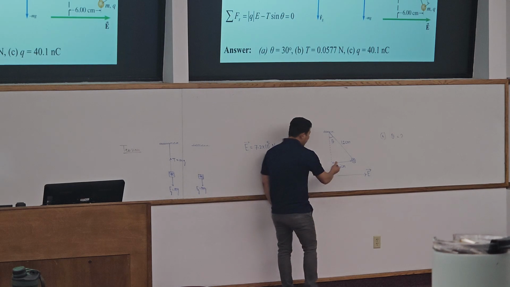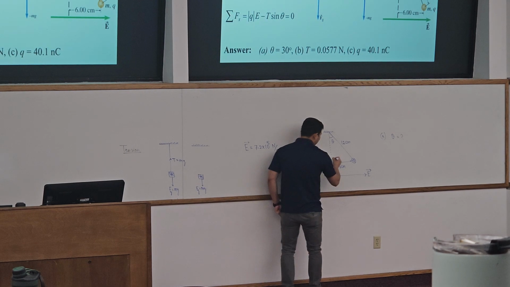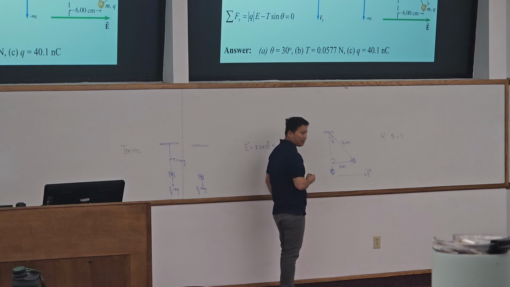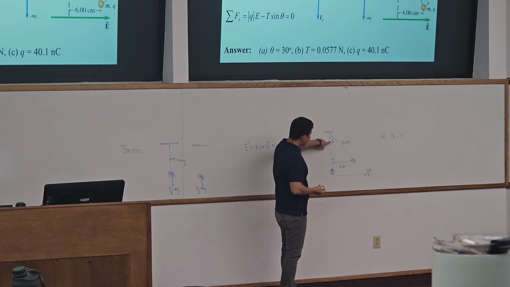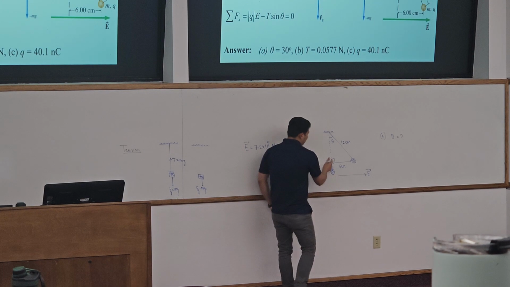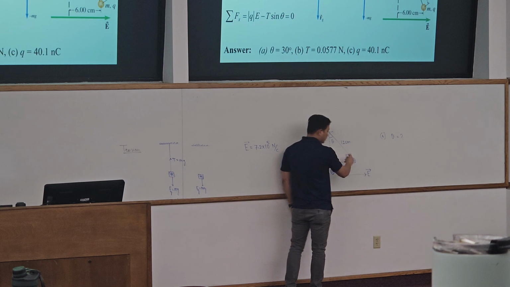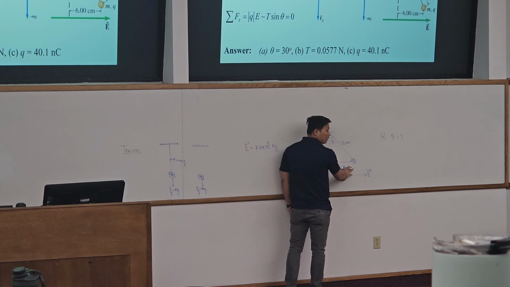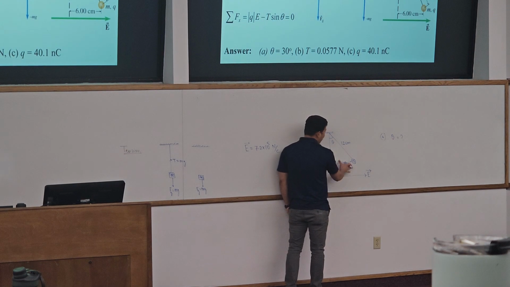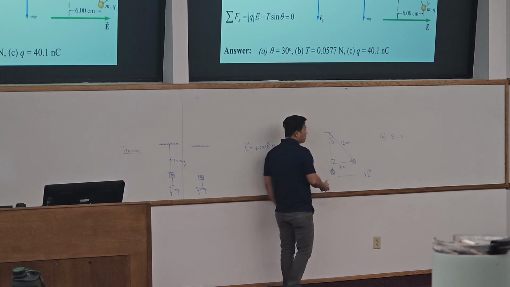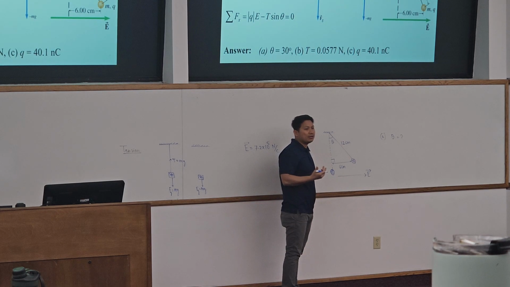This is a right angle triangle. You have this theta, so this is the opposite, and the hypotenuse is the 12 centimeter. You have opposite and hypotenuse. Which trigonometric function gives the relation between these two sides? Sine.